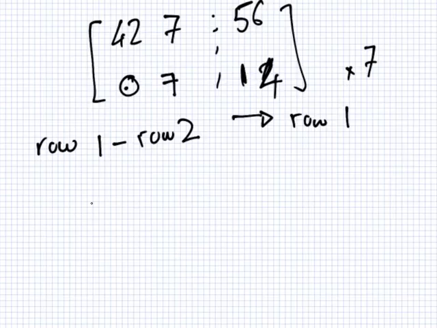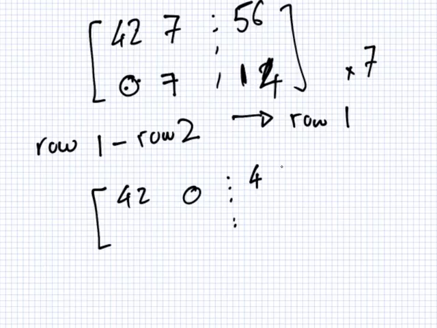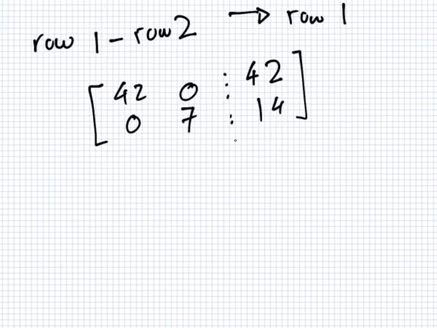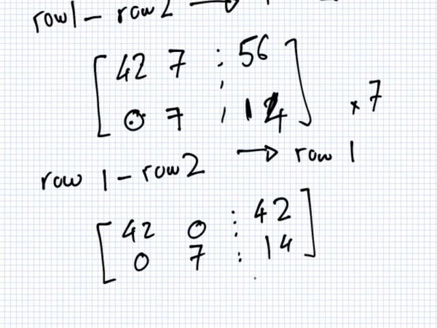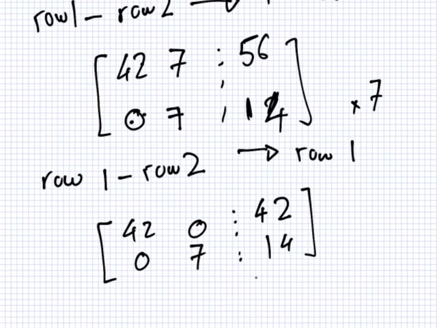Row 1, yeah. 42 minus 0, 42. 7 minus 7, 0. 56 minus 14, 42. And then this stays the same. And finally, is it minus? No, this is okay.